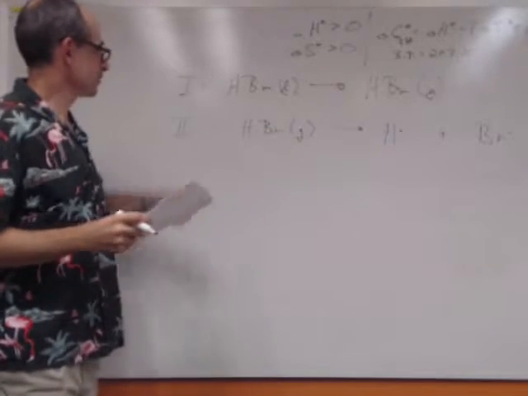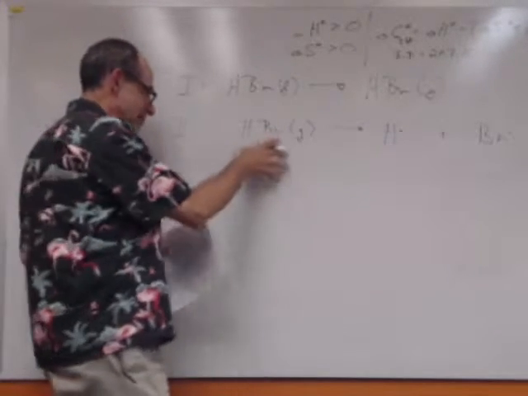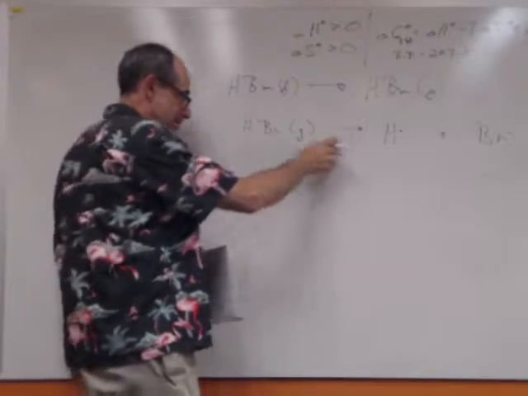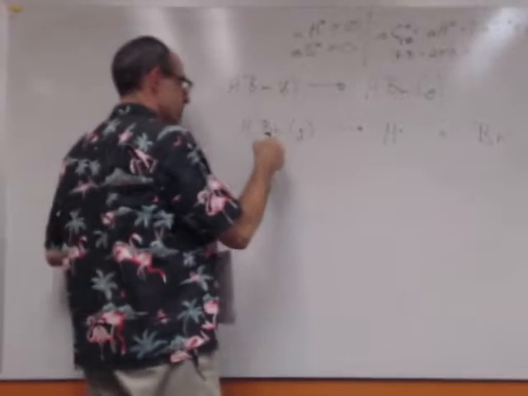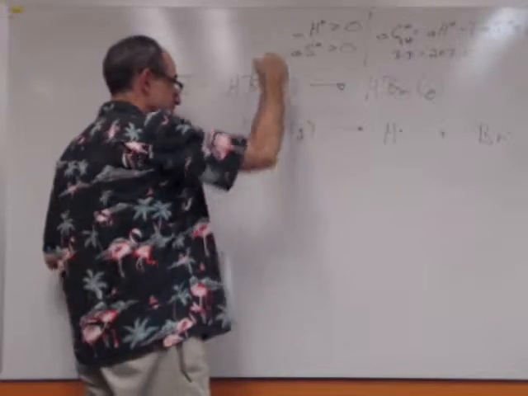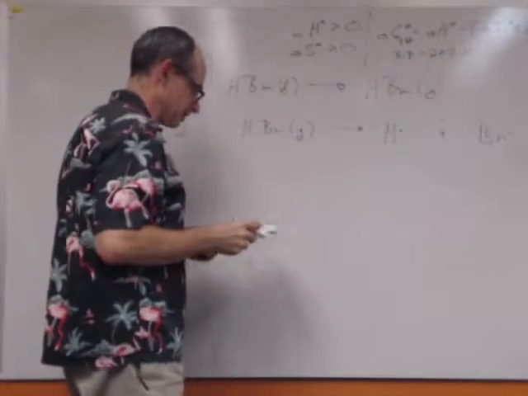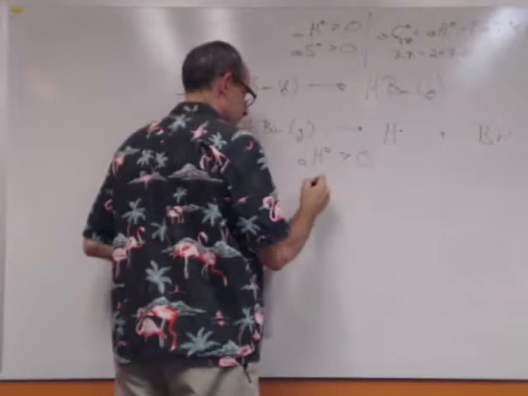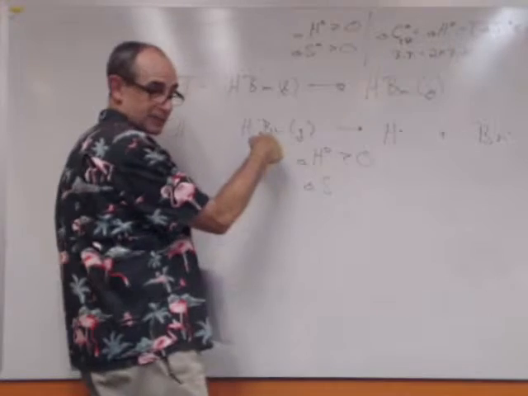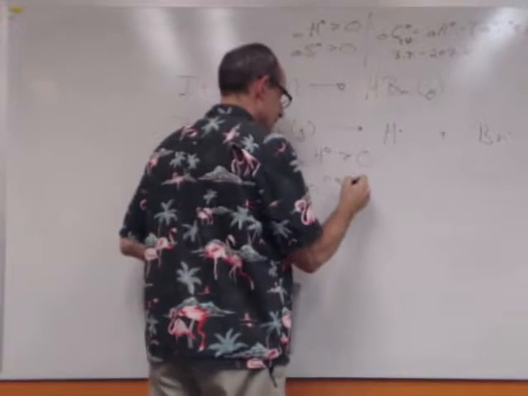For process 2, the atomization of hydrogen bromide gas, splitting it into hydrogen atoms and bromine atoms, we would call this the bond dissociation energy, which would be much bigger than that, if that's the second part of this. But again, delta H naught would be positive, because we're putting energy in to break that bond. Delta S naught is positive.